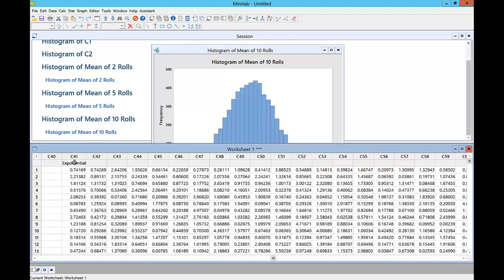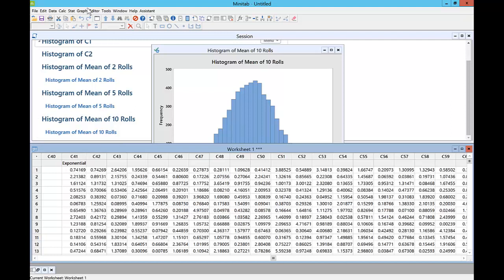So I've got 30 columns of exponential random variables, random draws from an exponential random variable, and this is a random variable that's sometimes used to model the life of some components, computer or hardware or mechanical or whatever.